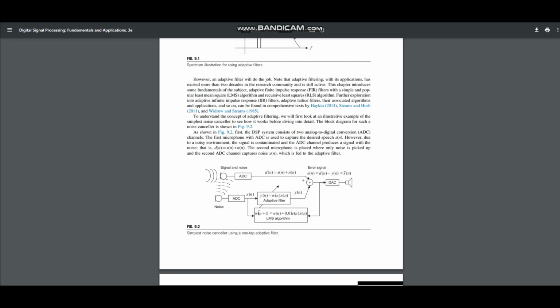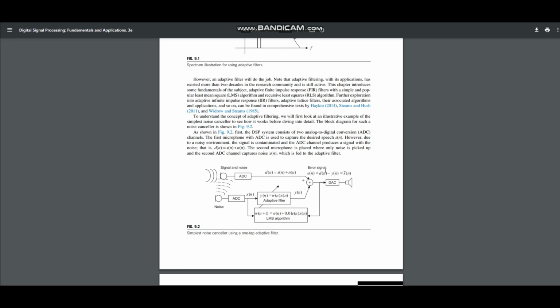The weight is adjusted according to the formula omega n plus 1 equals omega n plus 0.01, which is also known as mu, times e n times x of n. This is an iterative process, and it aims to minimize the error signal by continuously adapting the weight.